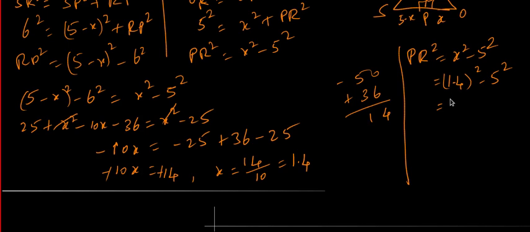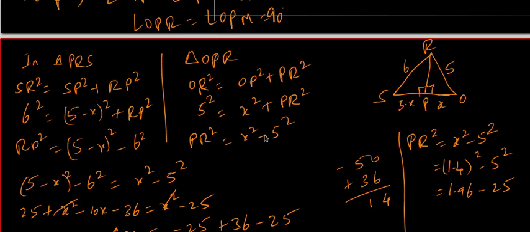If we keep two decimal places, 1.96, minus 25. So PR square, if we bring it here, this minus x square plus 5 square we will get.